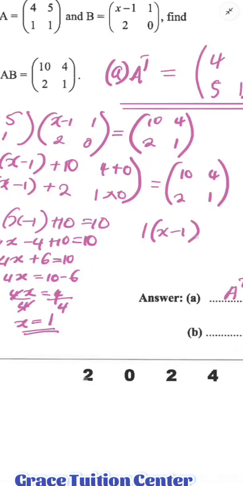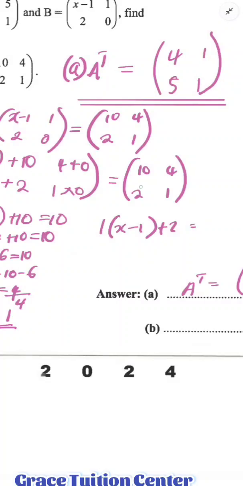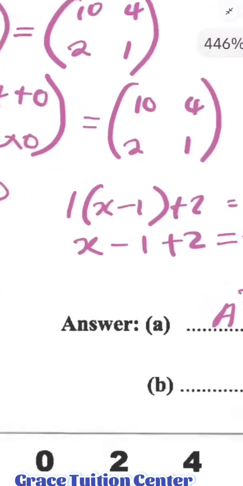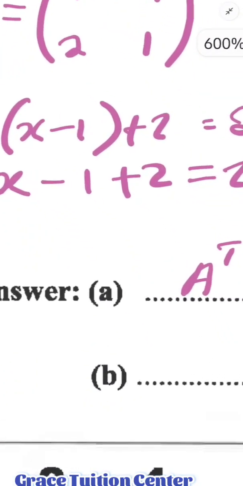x minus 1 plus 2 is equals to, what is the corresponding value there? 2. 1 times x is x. 1 times negative 1 is negative 1 plus 2 is equals to 2 there. So here, you can clearly, let's just create some space.